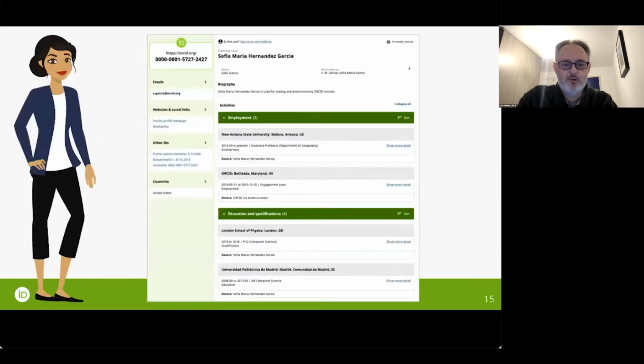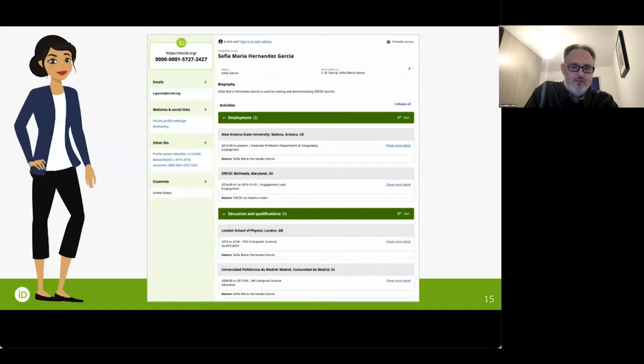So here's an example ORCID record, if you haven't seen one, from our fictional researcher, Sofia Maria Hernandez Garcia. And at some point in her career, she's come to ORCID.org, the ORCID registry, and obtained an ORCID ID.